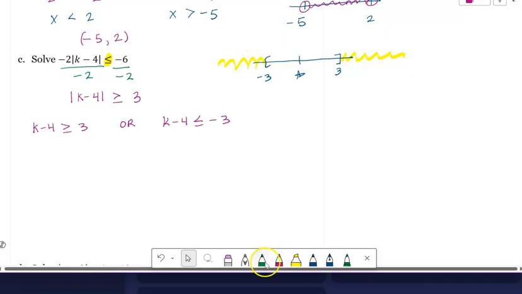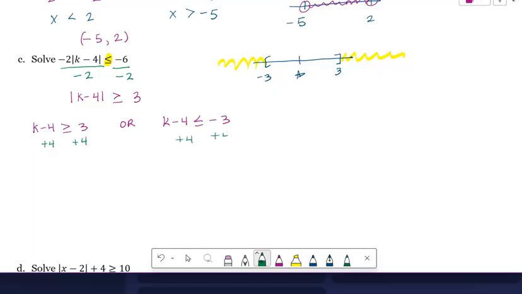All right, let's add 4 everywhere. And then we have k greater than or equal to 7, or k less than or equal to 1.